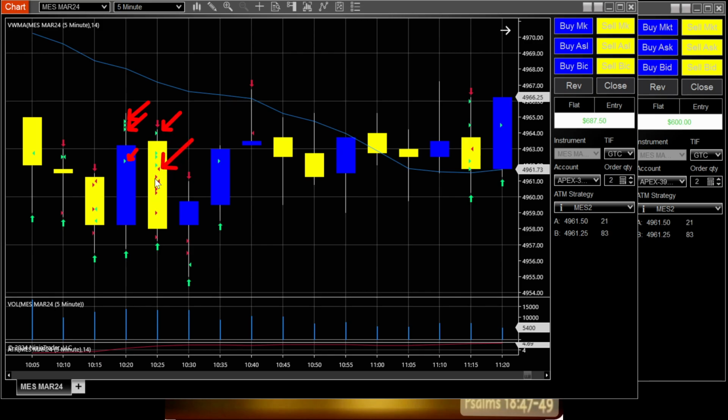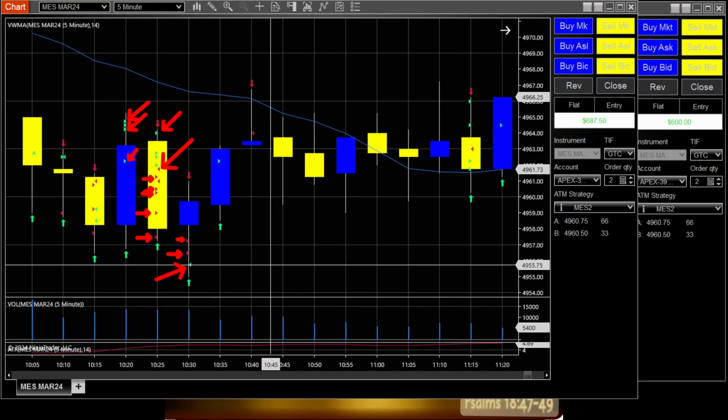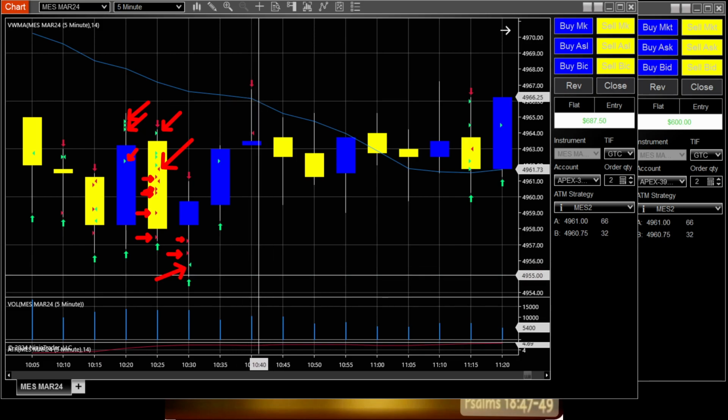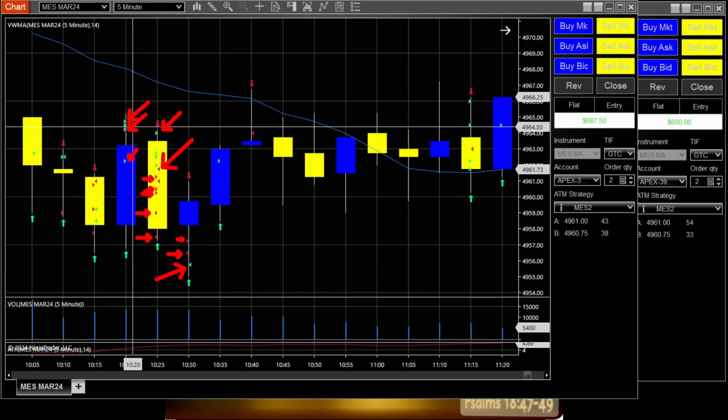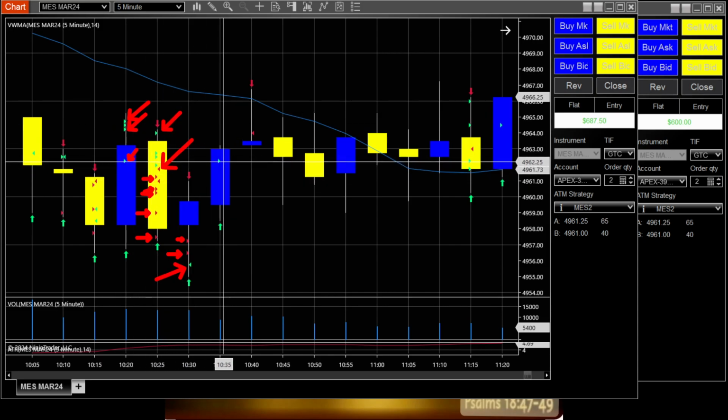Then I flipped my position short, with several short entries, and covered here at roughly 49.55.75. So I almost caught the low right there, and that put me in a nice profit.